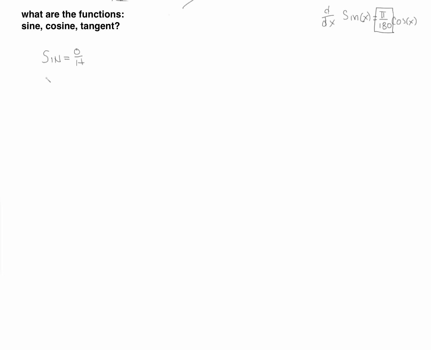Similarly, the cosine is the relationship of the adjacent side to the hypotenuse, and the tangent is the relationship of the opposite to the adjacent. Usually, everyone remembers it by the mnemonic SOHCAHTOA. Very simple.